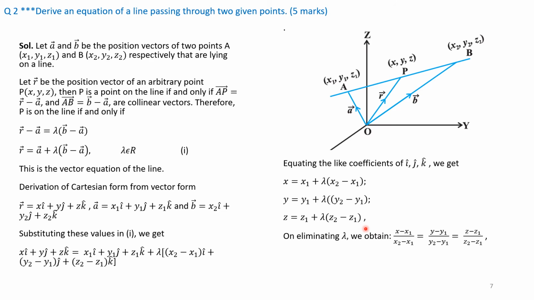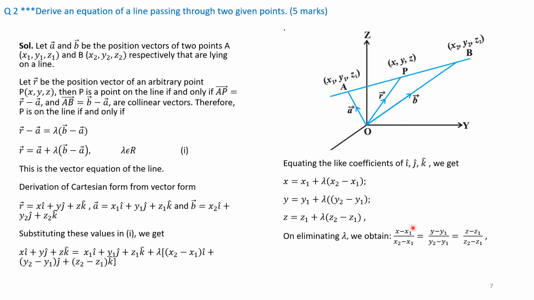Now we will eliminate lambda. Moving x1 from the right hand side to the left hand side, it becomes minus, so lambda is x minus x1 divided by x2 minus x1.